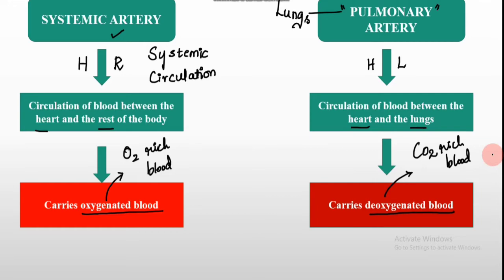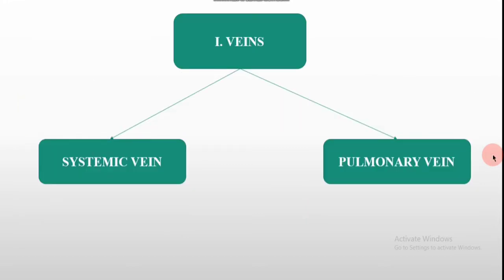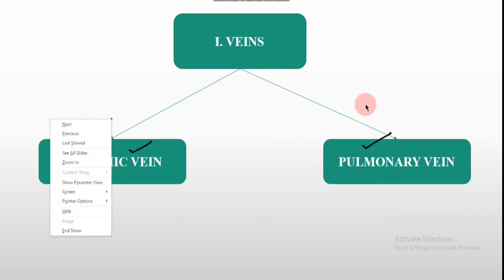The same thing you just need to apply for the veins also. The only change is in the type of blood they carry. Veins: the same thing, systemic vein and pulmonary vein, systemic circulation and pulmonary circulation.